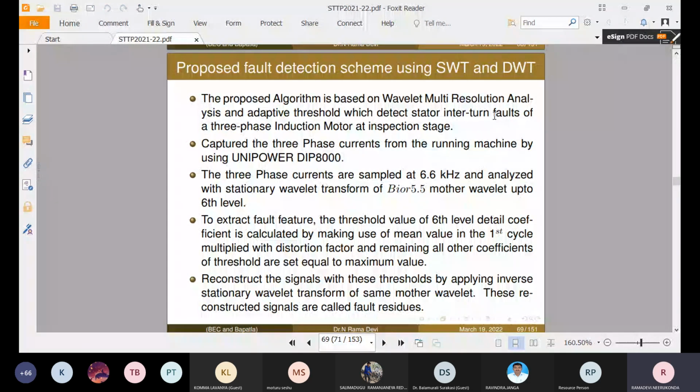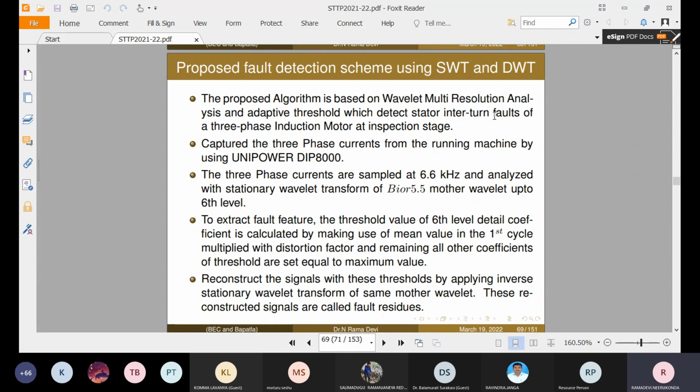All the remaining coefficients are set equal to the maximum value. Why do we remove all the coefficients up to the 5th level? Because the 6th level detail coefficients only contain the information of the 0 to 300 hertz component.